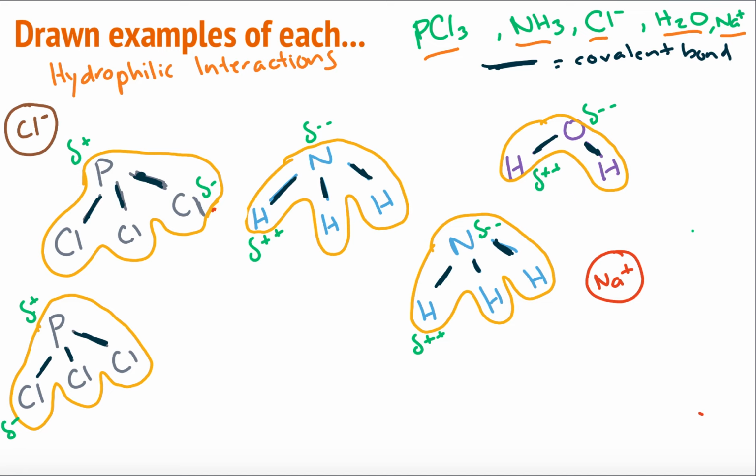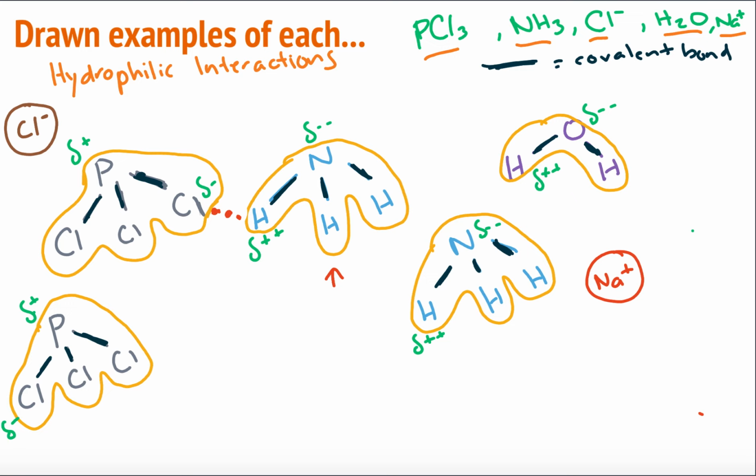So the interaction between the charged end of this chlorine on phosphorus and this nitrogen-hydrogen molecule, this one is still considered just a normal hydrophilic interaction. Any hydrophilic interaction that's got those charged ends, that's sort of brief, those are considered other hydrophilic interactions, just hydrophilic interactions in general.